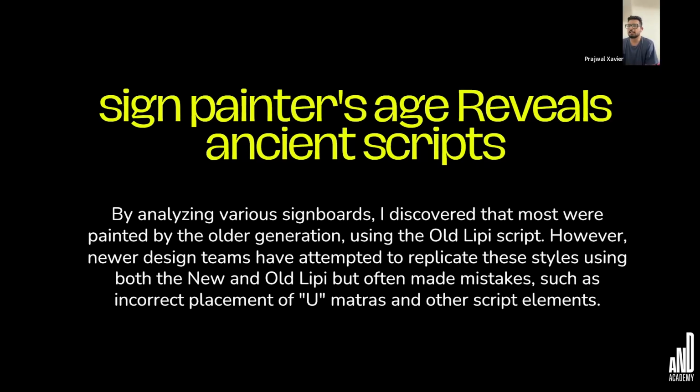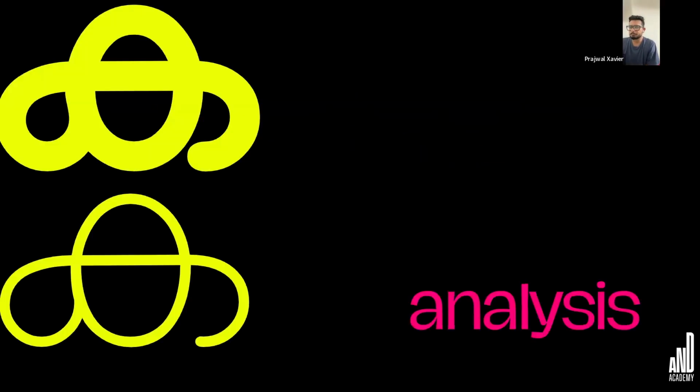They will always use the old lipi, the old style in Malayalam. Sometimes the young designers here get inspired by those scripts and make major mistakes in their designs. That kind of thing we can also solve from this kind of type work.